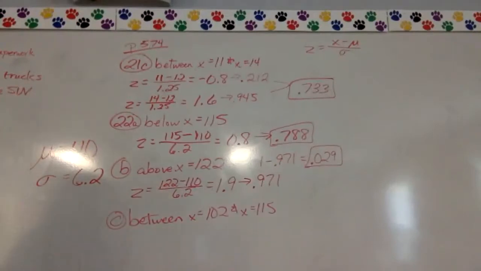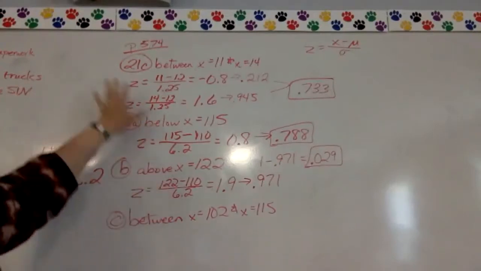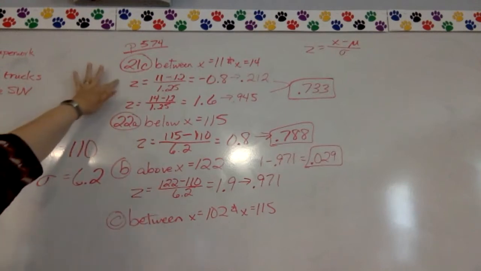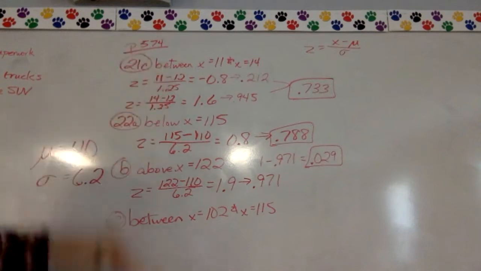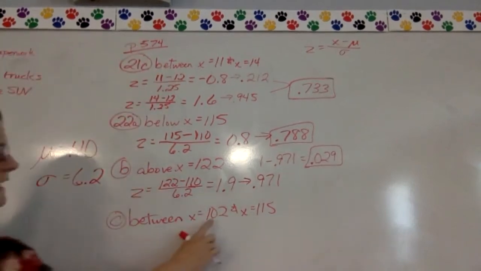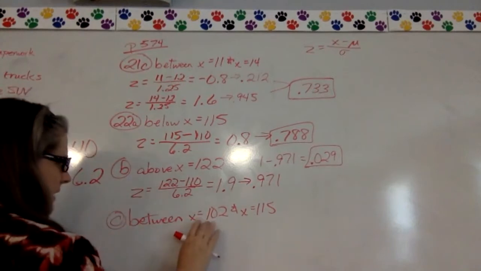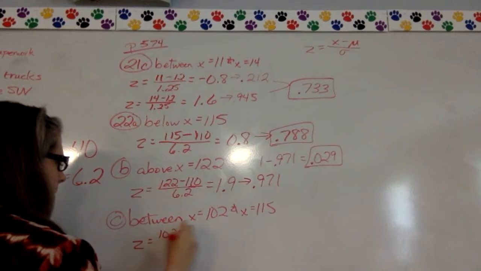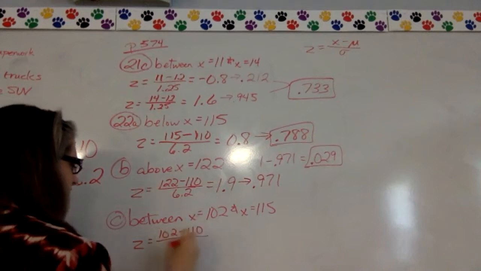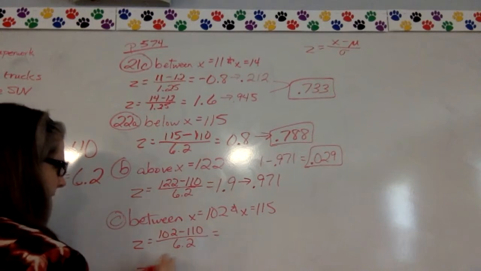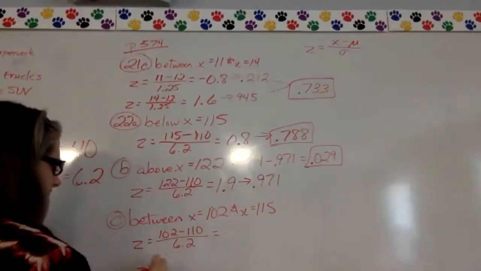Now for part C, it's similar to what we did on part C on number 21 at the beginning. We still do the Z formula for both of them. So I had my first Z is when X is 102. So I have Z equals 102 minus 110 divided by 6.2. And then my second Z is when X is 115.